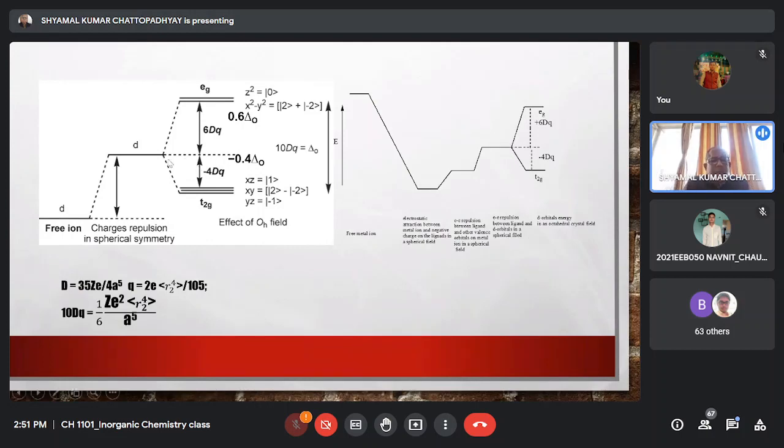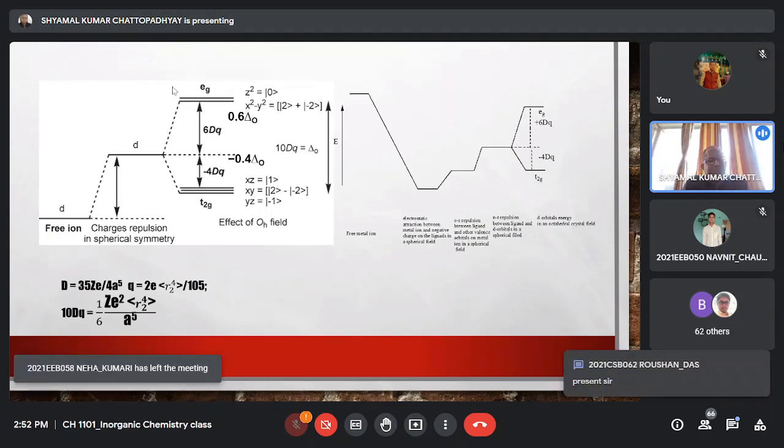Those d orbitals for which repulsion decreases, like the xz, yz, and xy orbitals, are called T2g orbitals. T means triply degenerate and g means gerade. They have gerade symmetry. We shall discuss it later. And the other two d orbitals, which are called eg orbitals, comprising x square minus y square and z square, have their energy destabilized. So the d orbitals split into two sets.